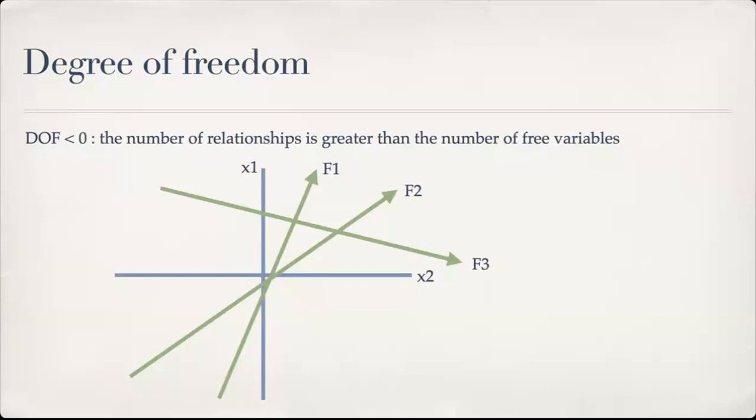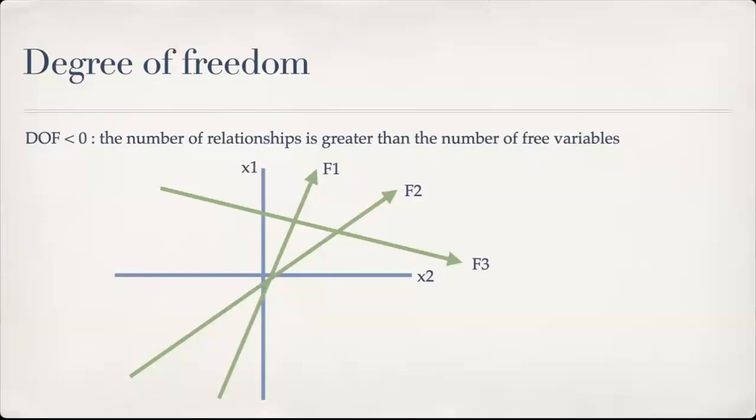You ask too much, you over-define the problem, and in such a case we don't have a solution, because most of the time those constraints conflict with others. For example, in this case we cannot have any point satisfying f1, f2, and f3 at the same time.